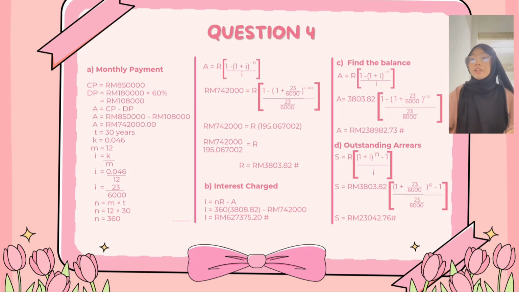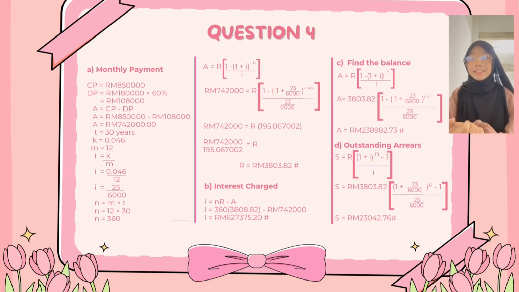So after 288 payments, there are 72 payments left. We calculate the present value of those remaining payments using the same monthly rate. This shows the remaining loan balance that has not been paid yet, which is about 238,982,073 ringgit.